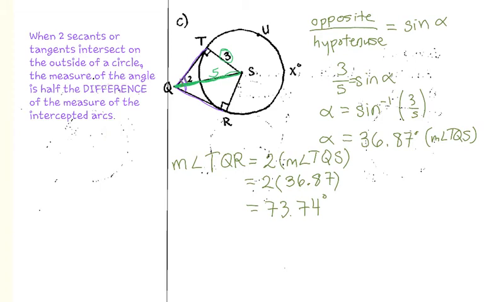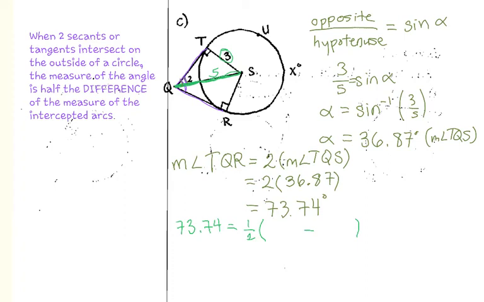So let's write an equation for that. The angle is 73.74, and that's equal to half the difference of the intercepted arcs.